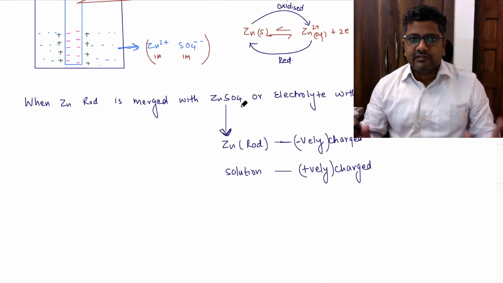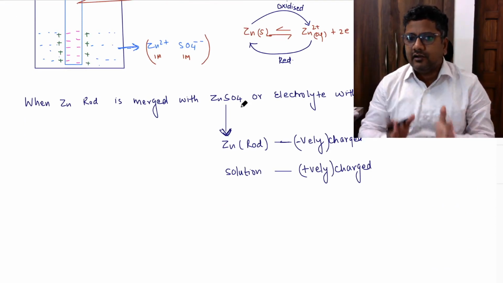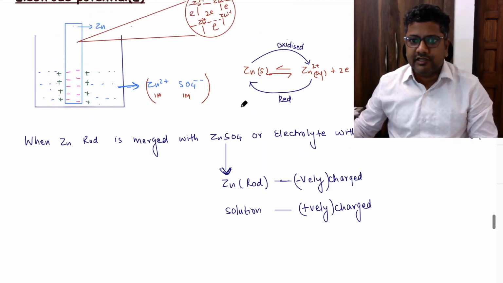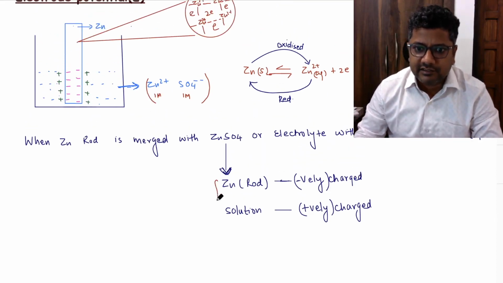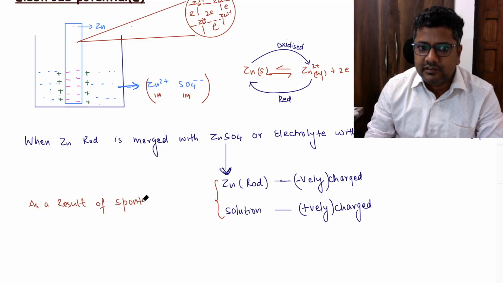So when a zinc rod is immersed in ZnSO4 solution, an electrolyte with a reversible ion like Zn2+, the Zn rod is negatively charged and the solution is positively charged, and this is the result of spontaneous oxidation dominating the reduction reaction, right?